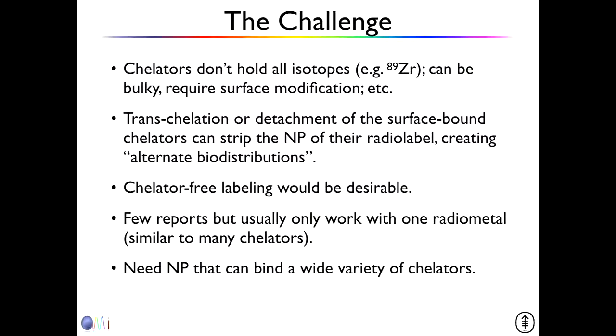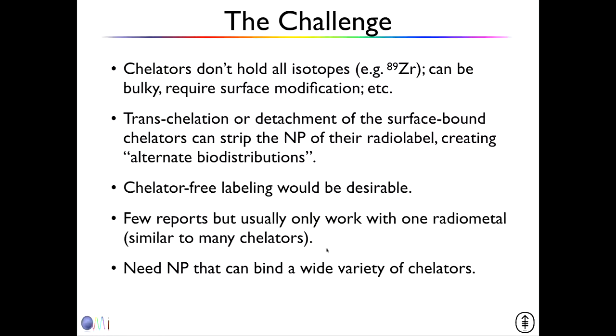And I basically went through the other ones as well, transchelation, so you get these alternate biodistributions when your radiotracer just takes another way, and the tracer goes left and the nanoparticle goes right because they've already detached or transchelated. So it would be nice if you can get rid of the chelator in total. And at the time there were a few reports, but they usually work with just one radiometal.